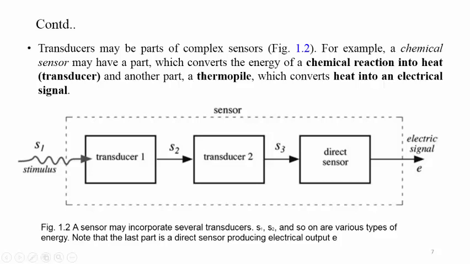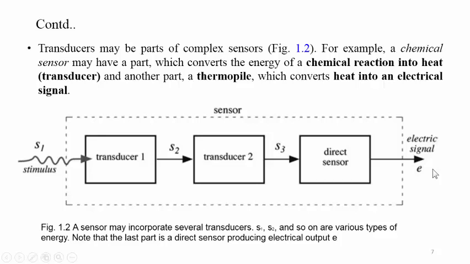So in this way, in a transducer it may be observed that there is a series of conversions, that is S1, S2, S3 and finally E. So here E is nothing but the electrical signal.